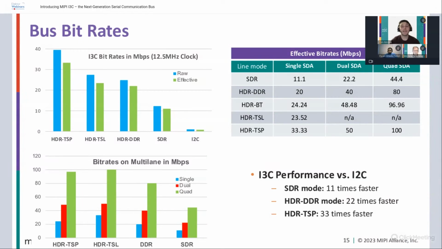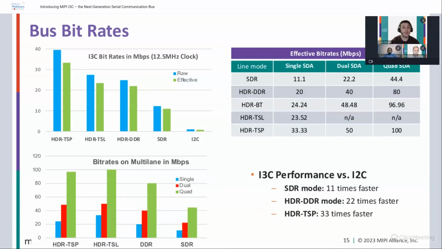So what do all of these extra features, all of this technology, really bring to us with I3C? Well, first and foremost, we get a much higher bit rate than your classic I2C. In this top left graph, you can see I2C on the right with the raw and effective bit rates very low, whereas as you look on the left side with our HDR and even the SDR, the standard data rate modes for I3C, we can get a much higher bit rate.